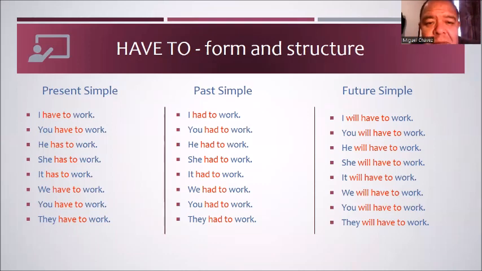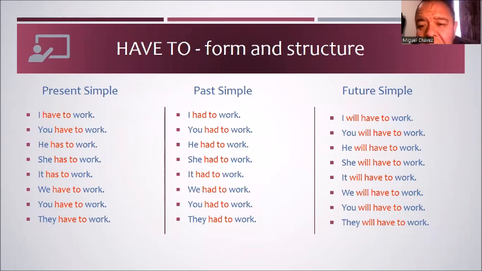If we use have to in past, it refers to a past obligation. I had to work last weekend. You had to work last weekend. Remember that the form for have in past is had, and we use had with any person.